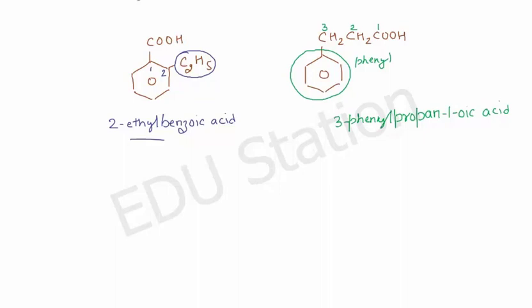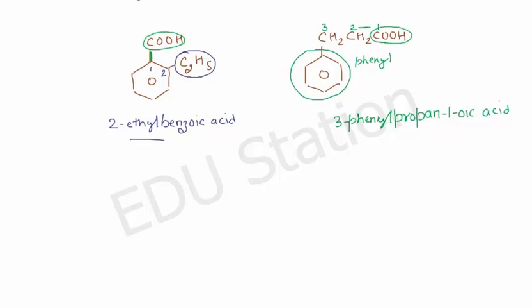Now if you look at both the structures, both contain acid, both contain a ring beyond the acid, and there are 2 carbons, but the names are very different. So the most fundamental logic of aromatic naming is to check whether the principal functional group is directly linked to benzene, like in this case, or it is linked to a side chain, like in this case where it is not linked to benzene.